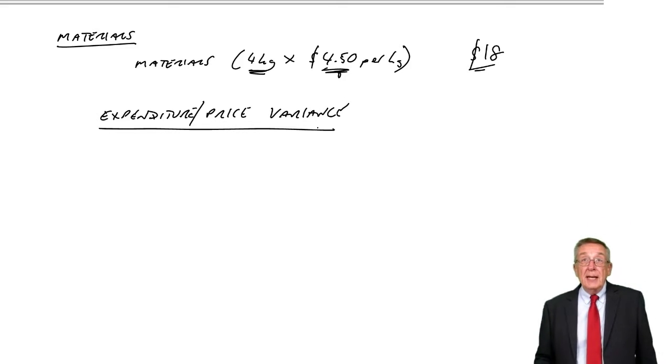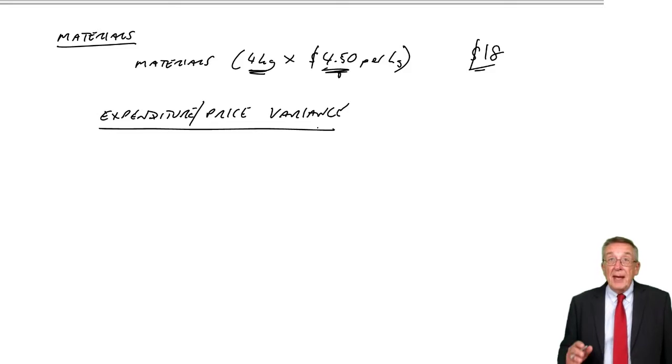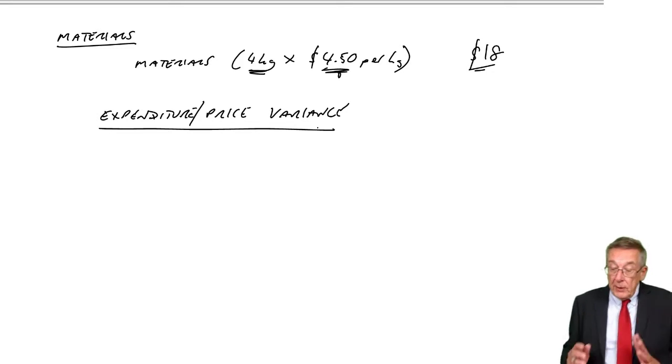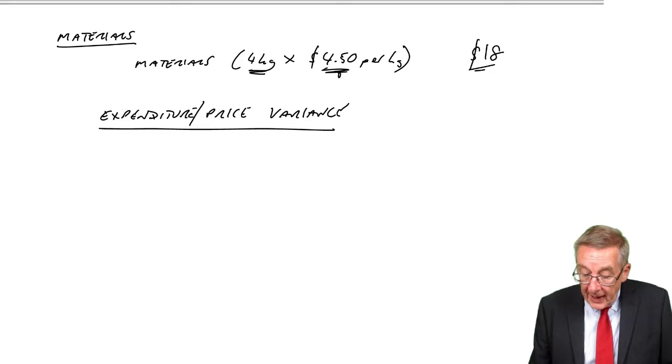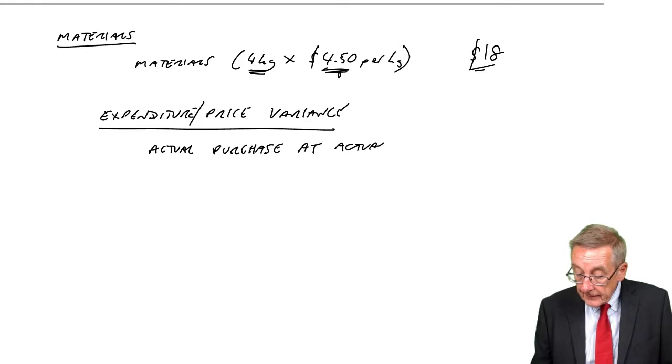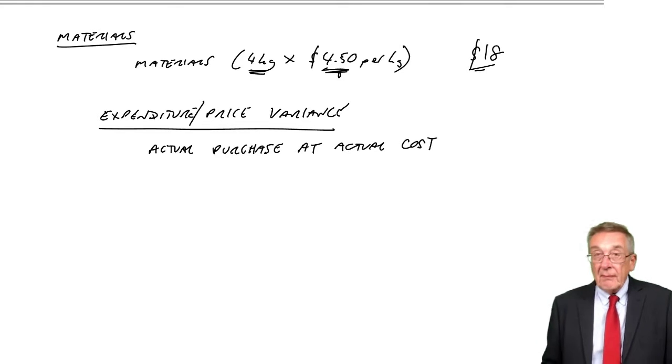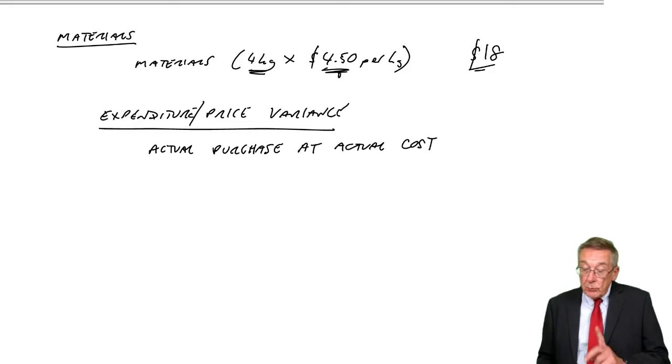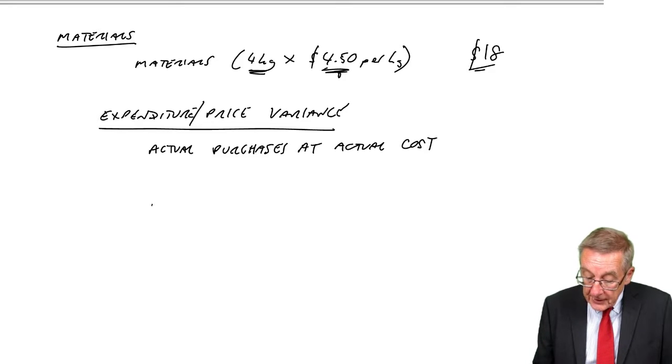All I'm concerned with here is, did we pay $4.50 or didn't we? The way we check is we compare what we actually bought and what we actually paid with, again, what we actually bought but at what we should have paid.